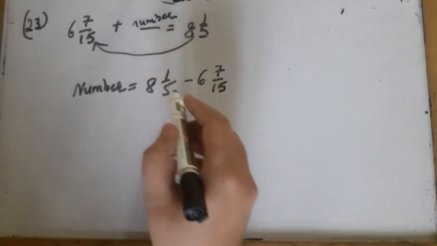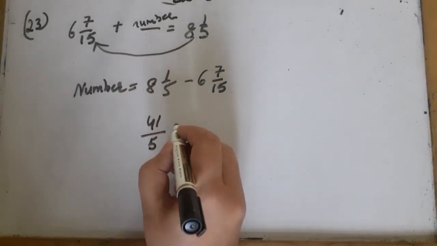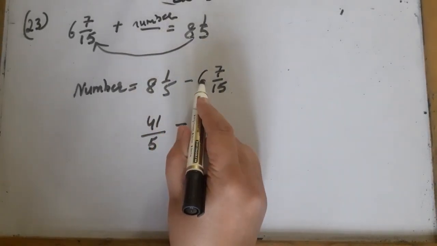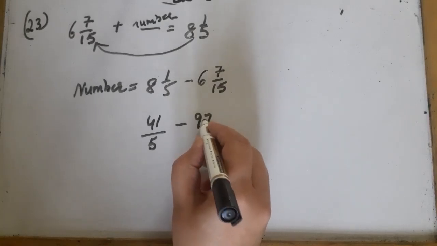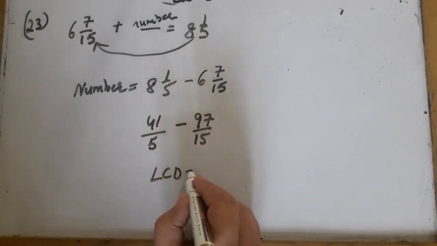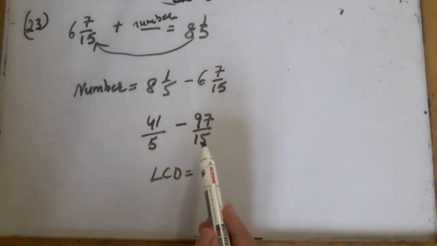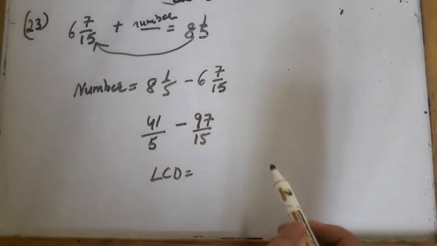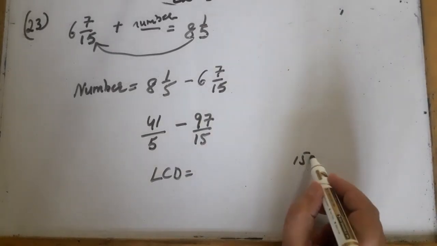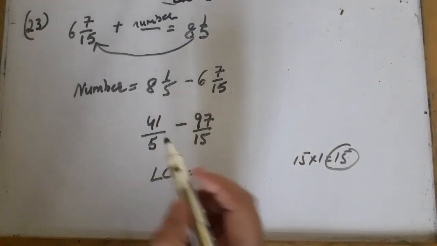So convert them into improper fractions. 5 8s are 40, plus 1 is 41 by 5. Minus 15 6s are 90, plus 7, 97 upon 15. Now I have to convert them into like fractions by taking out the least common denominator. 15 ones are 15. Is this 15 a multiple of 5 also?